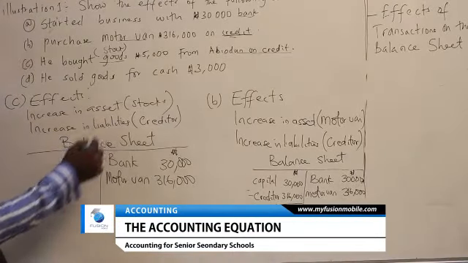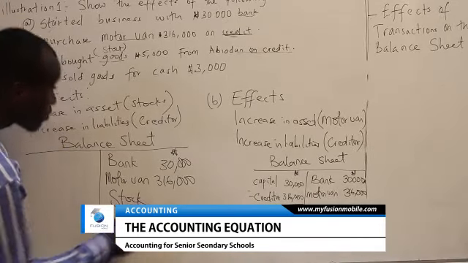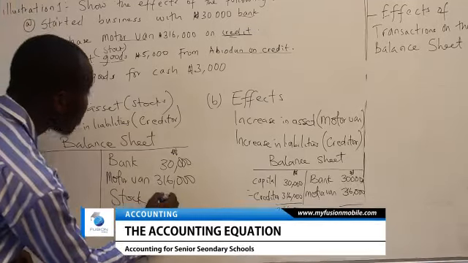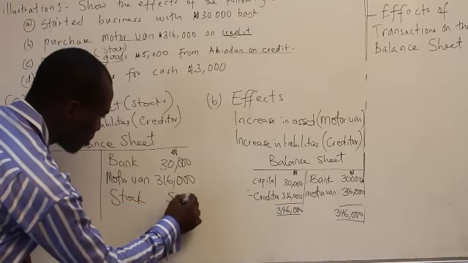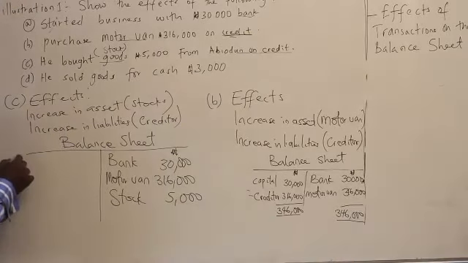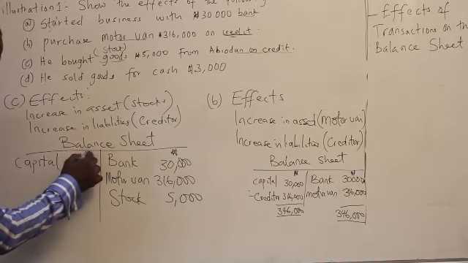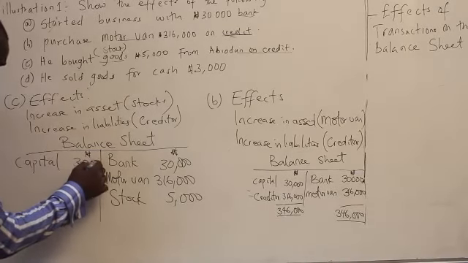So we have stock, the goods bought from Abiodun, which is 5,000 naira. That also becomes the property of the business. So previously we have capital, the amount introduced by the owner of the business, 30,000.